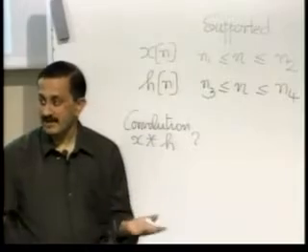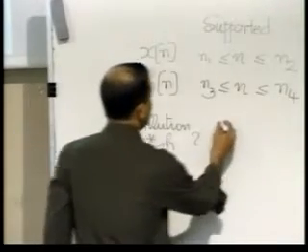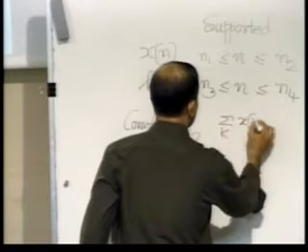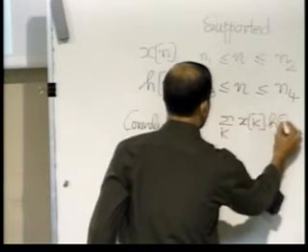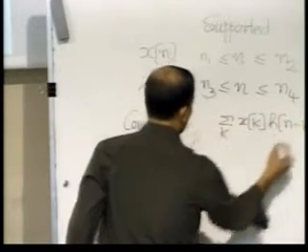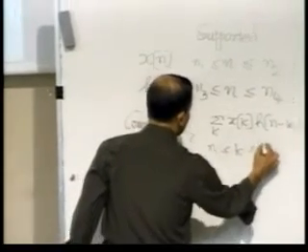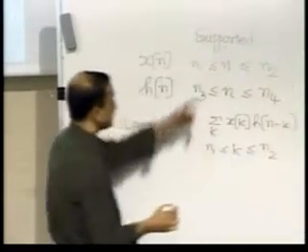Well, it is very easy to see that the convolution is supported in the region where k lies between n1 and n2. We wish that these two must happen simultaneously.